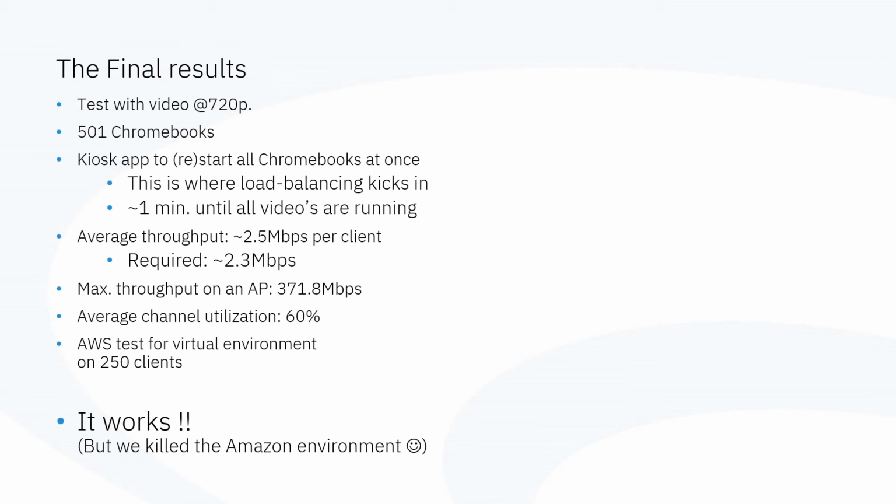And we actually ended with a virtual environment test for 250 clients, which was a bit of an overload for AWS, because we pretty much killed the Amazon environment at the moment when we started this kind of application with this bandwidth.